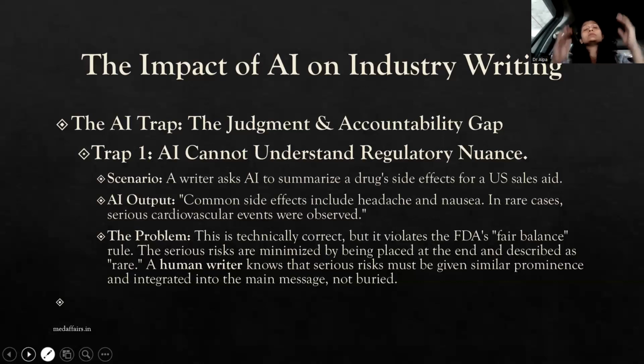This is against the USA FDA regulation. Even in India, the regulatory body recommends a fair balance. So even if you are writing about the rare side effects, they should be given equal weightage so that the critical piece of information doesn't get overlooked.